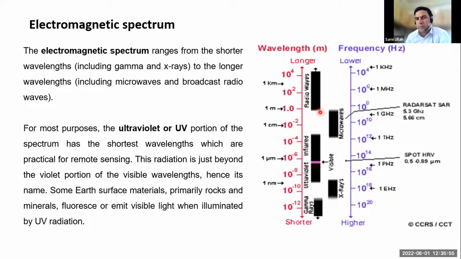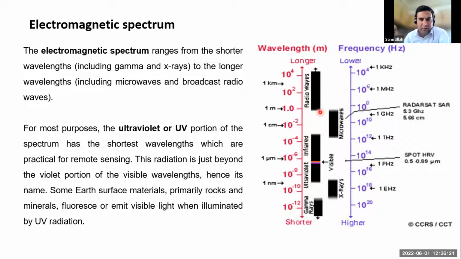Because of the shortest wavelength of the gamma rays, they remain in the atmosphere, so they cannot reach the ground. Second after gamma rays, X-rays also have a short wavelength, and that's the reason they remain in the atmosphere and cannot reach the ground.